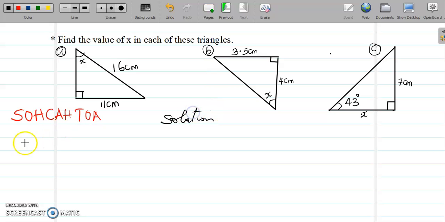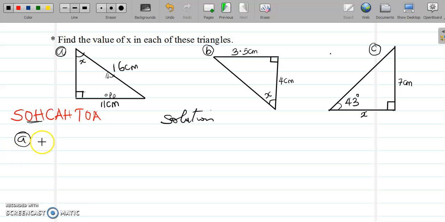Now the first one, A, this is angle theta. This is opposite, and this is hypotenuse. You see that? So which one contains opposite and hypotenuse? Sine.